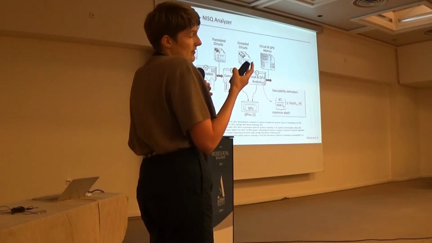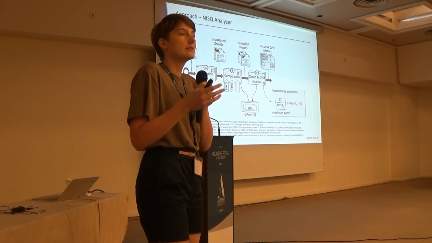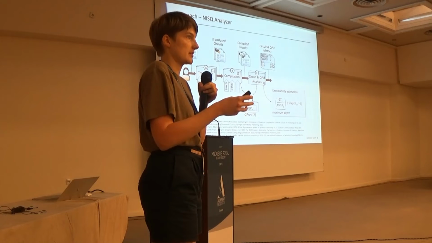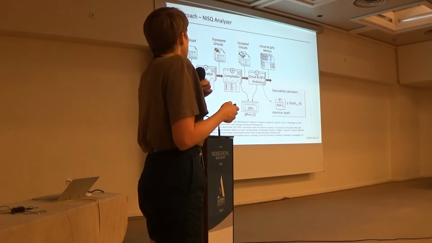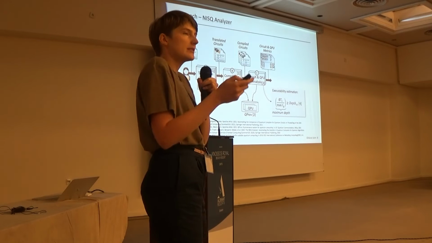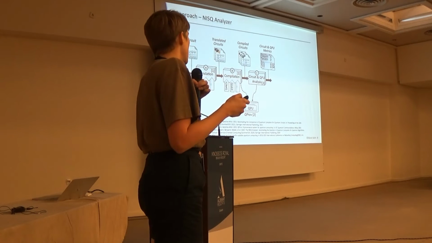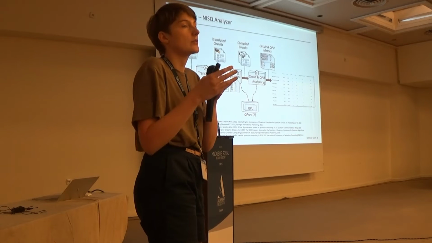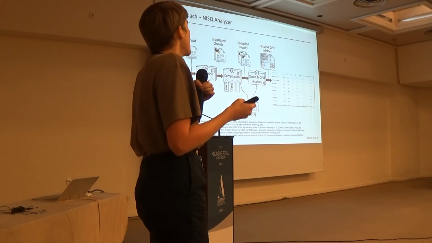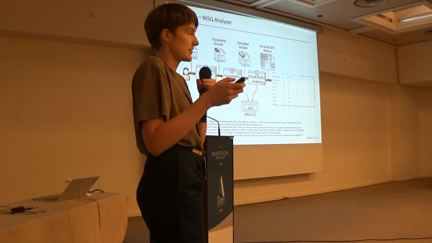And this has to be greater or equal to the depth of the specific compilation result. So then, as a result, we just have a list of compilation results that should be executable on the quantum computer, with not too many errors.